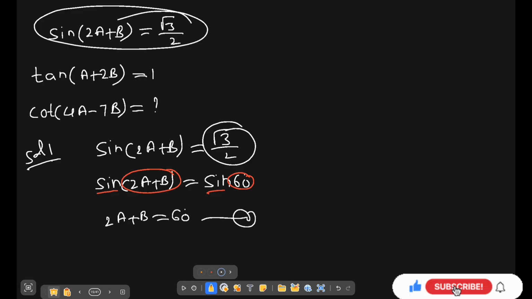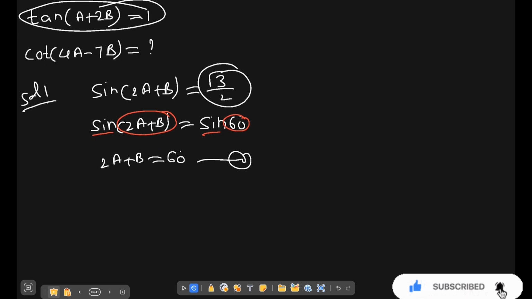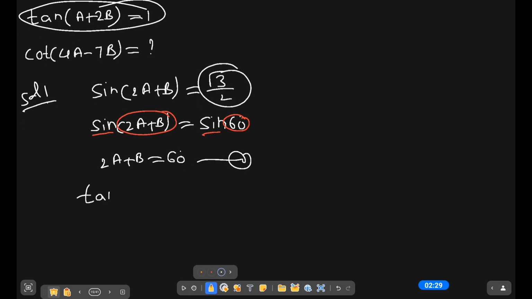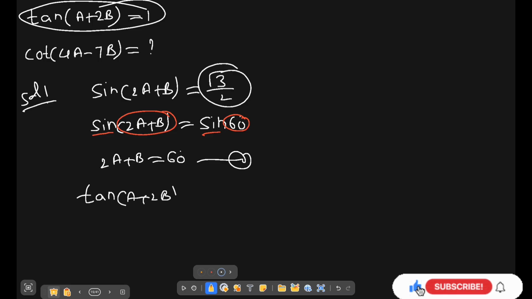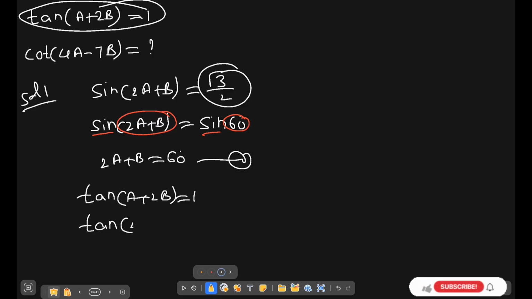Now take the second one. It is given that tan A plus 2B is equal to 1. We know that tan 45 degrees is equal to 1.